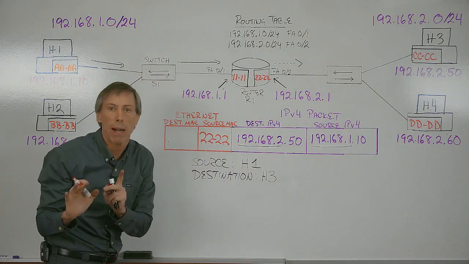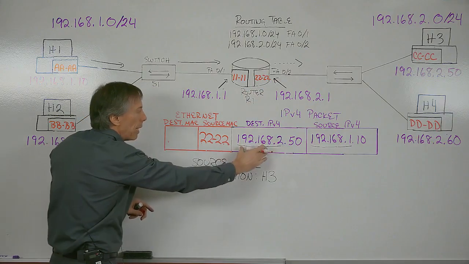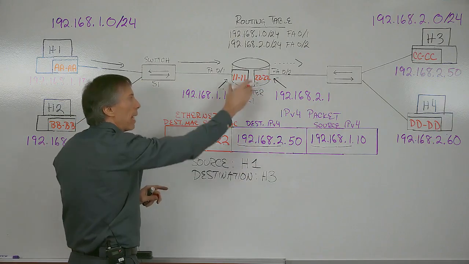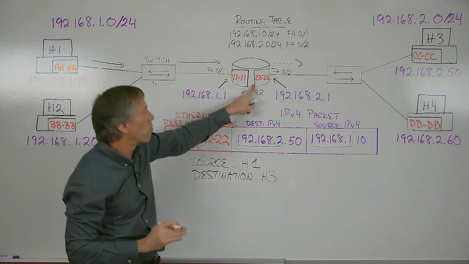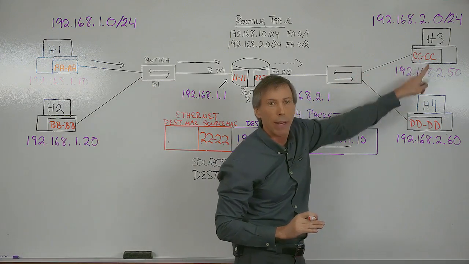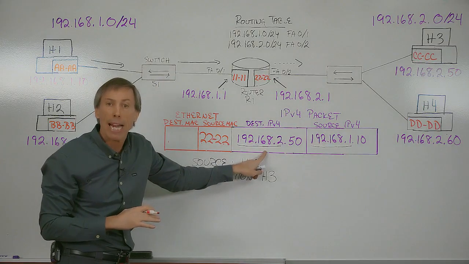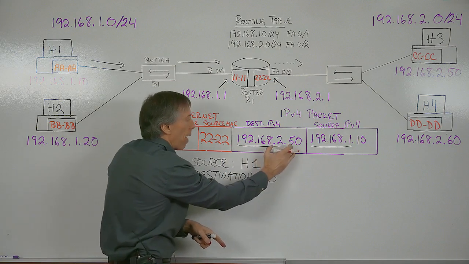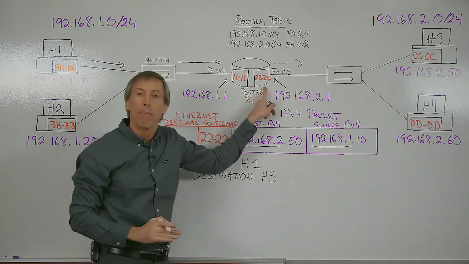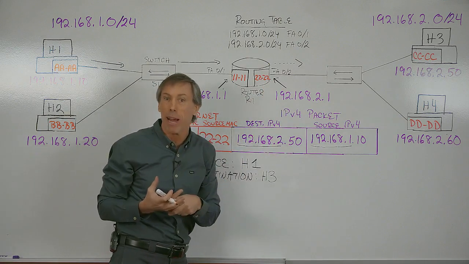Okay, we're almost there. The next thing it has to do is says, okay, the destination IPv4 address is on my network. I, router R1, can reach that device directly. I need to know the MAC address associated with this IPv4 address. So guess what? It checks its own ARP cache for that information.